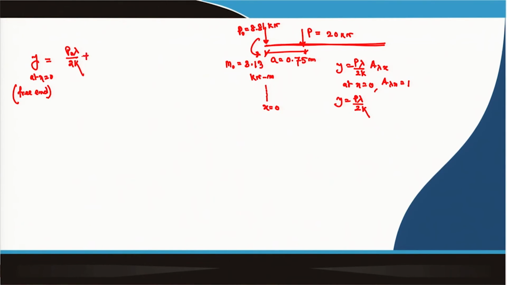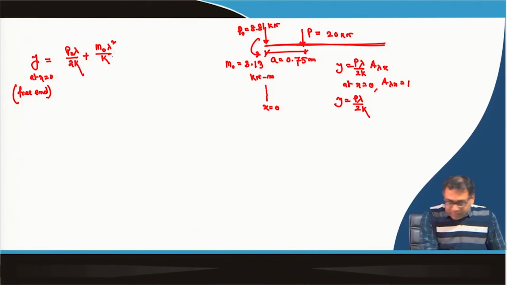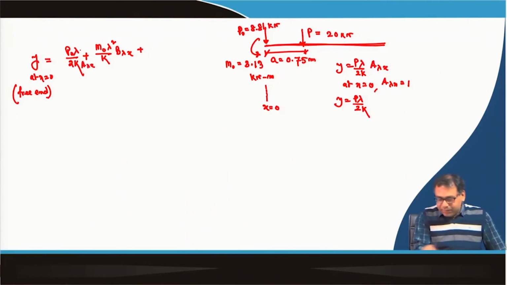Then because of this moment also I can get M0 lambda square by k into B lambda x, plus here also A lambda x. Later on I will put x equal to 0, but I am now writing the general equation.